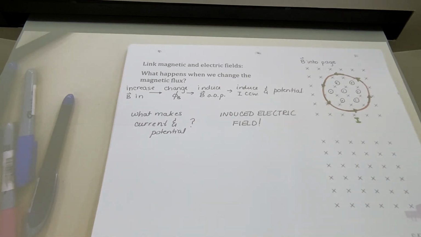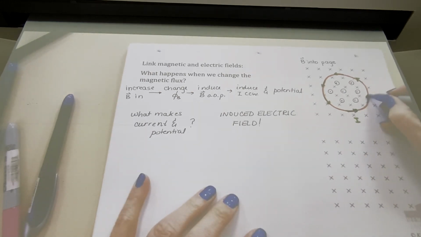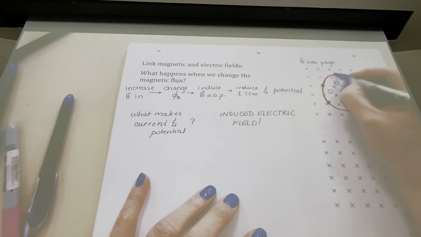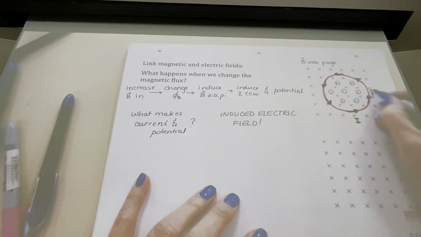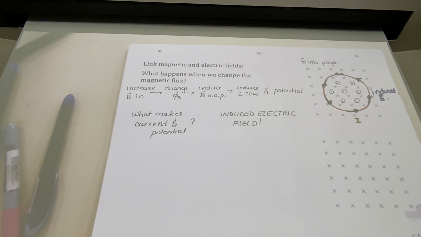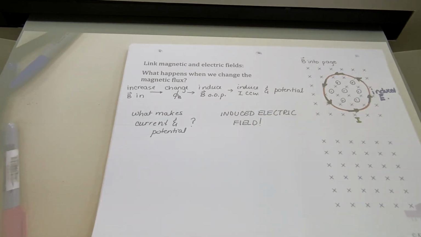We know that the current, the positive charges, move in the direction of the electric field. So the direction of the electric field is parallel to that current flow. So there's our induced electric field. Let's write down Faraday's law again, and then we'll add in this bit about the electric field.